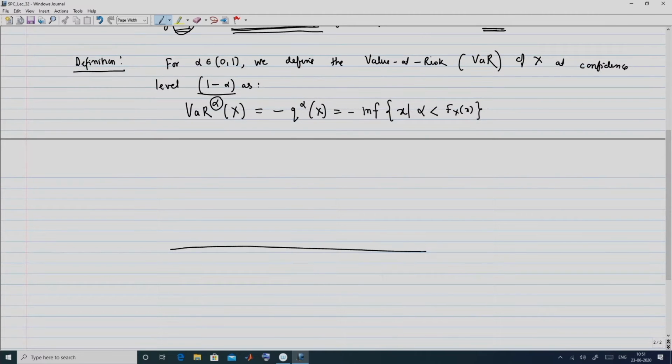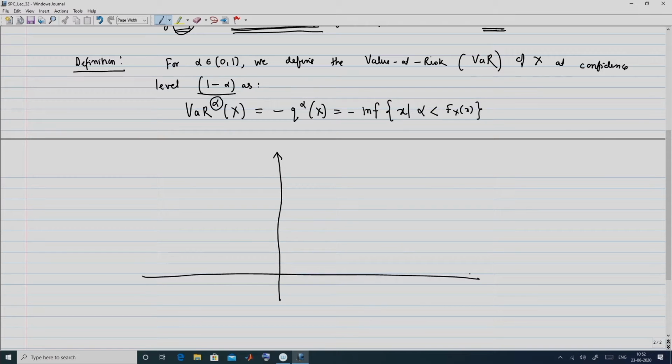So, how does this look graphically? We take the random variable x on the x axis, and on the y axis we of course have F_X of x. Then the cumulative distribution is something that obviously is going to look like this, and eventually of course as your x increases, this value approaches 1.